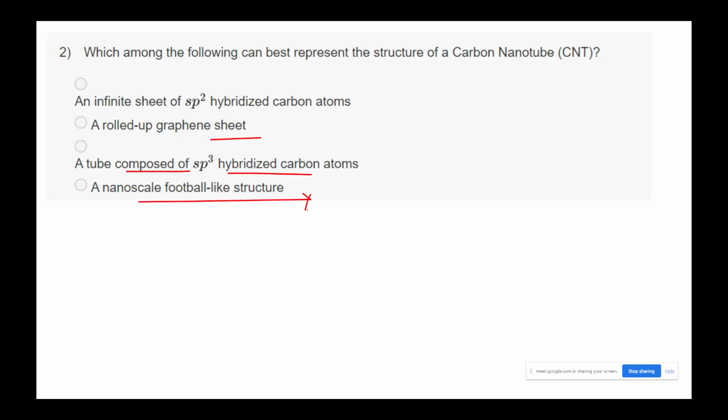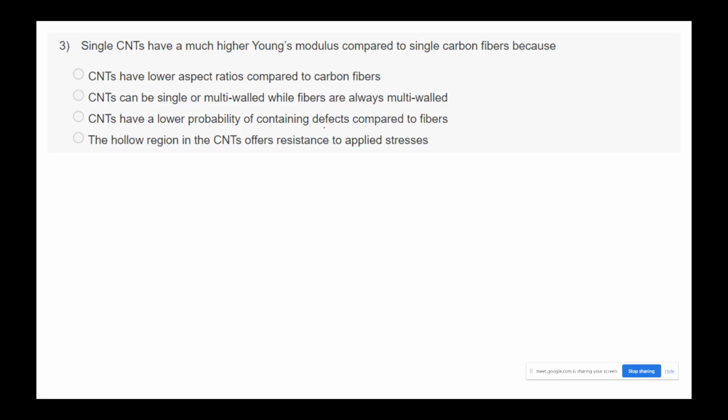It's not a football, and it's not an infinite sheet. Graphene is a single sheet, but a nanotube is a rolled form of that sheet. So the answer is a rolled up graphene sheet, with sp2 hybridization.